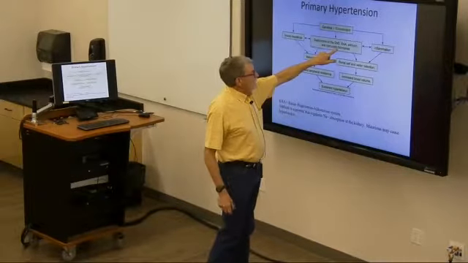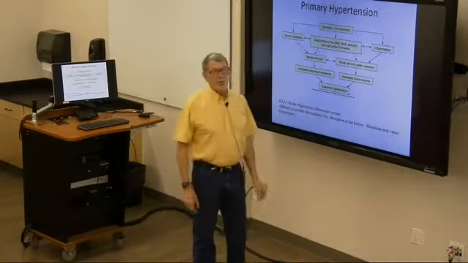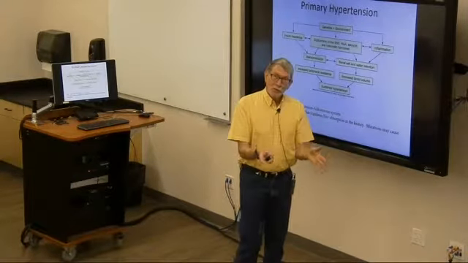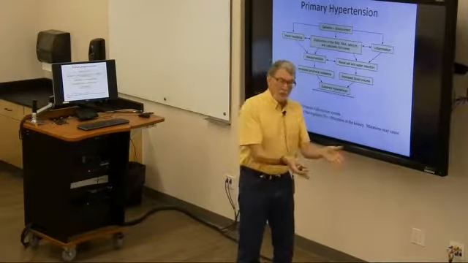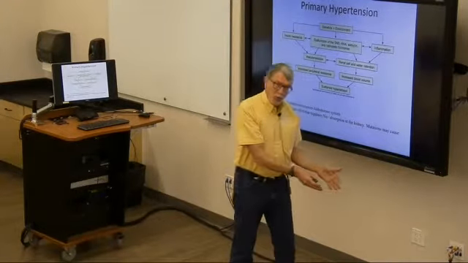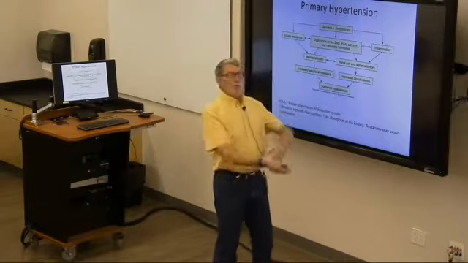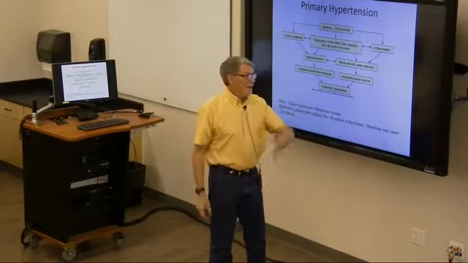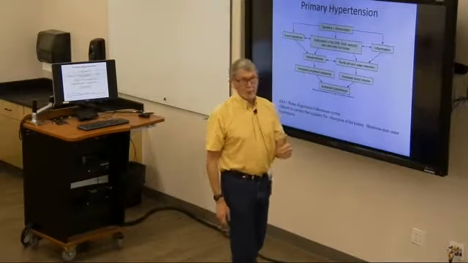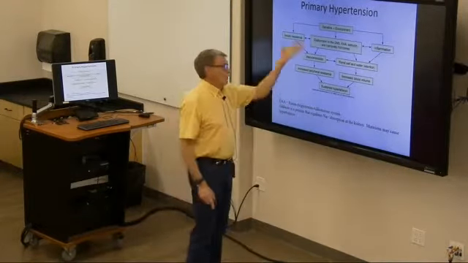The renin-angiotensin-aldosterone system. You remember how that causes, if you have low blood pressure, you make renin, you make angiotensin, you make angiotensin 2, you produce aldosterone, you retain water at the kidneys. That is your main blood pressure increasing system. If it is overactive, your blood pressure goes up.